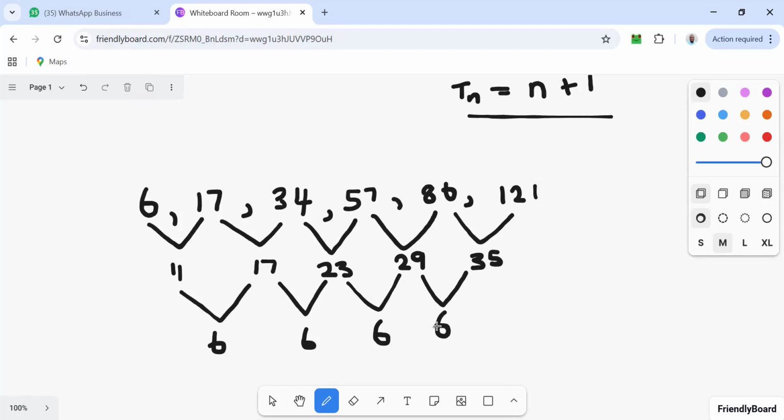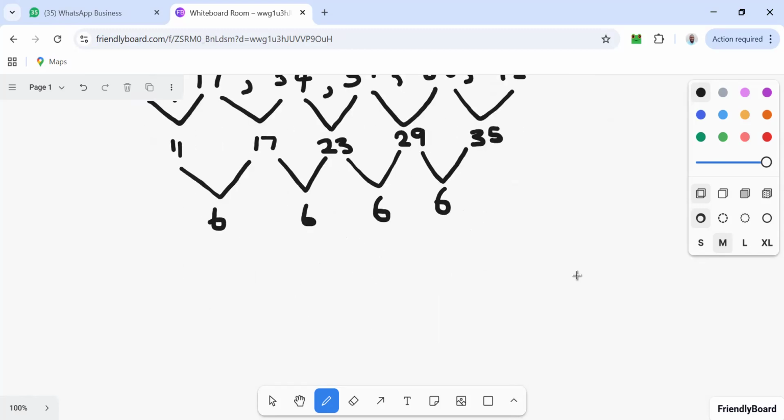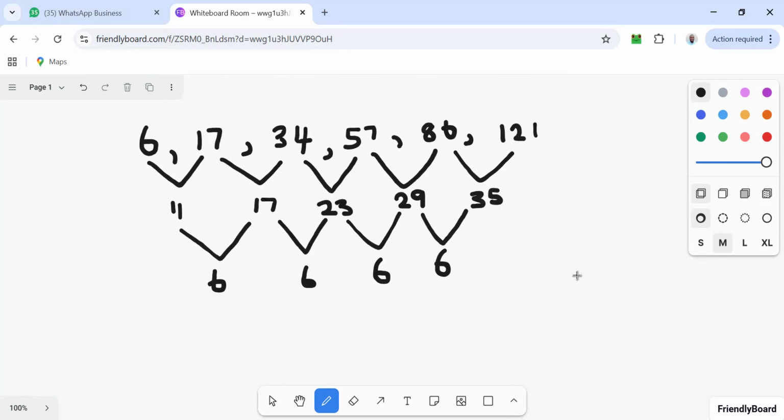So what I now need to do is find the nth term. I'm going to apply all those concepts that we touched on to find the nth term.